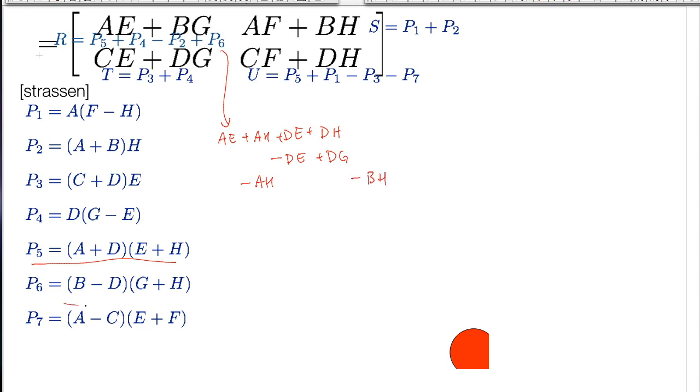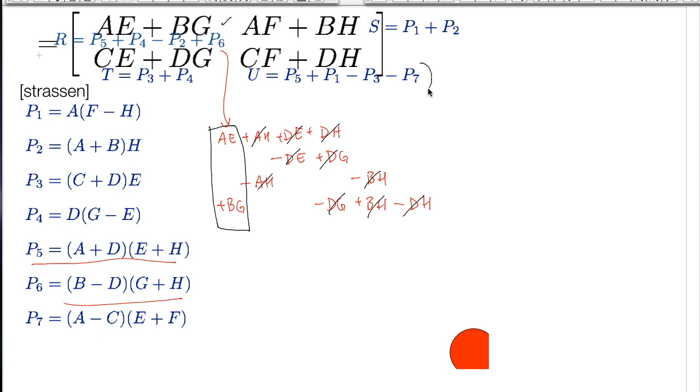And then he'll add P6 to that. So here we get plus BG minus DG plus BH minus DH. Now if we go through and cancel out all the terms, we end up with exactly what we want. So this formula works out. You can verify on your own that it works out as well.